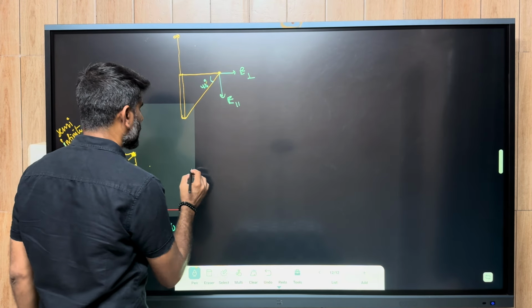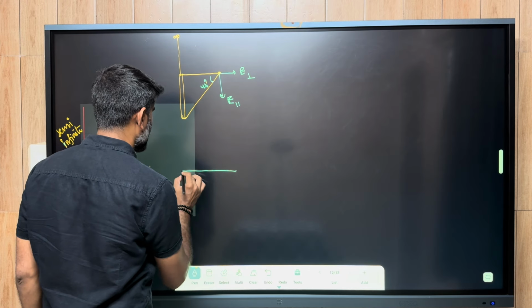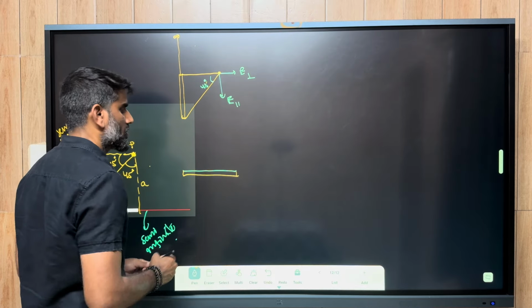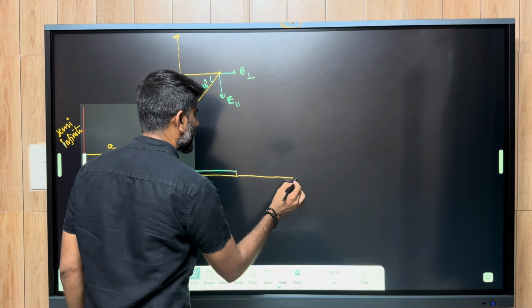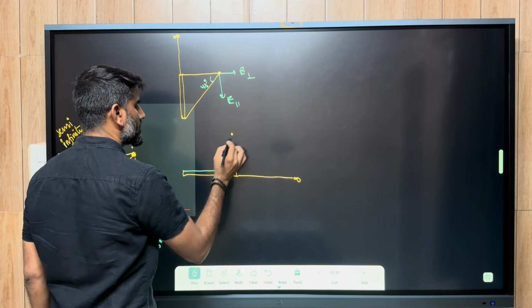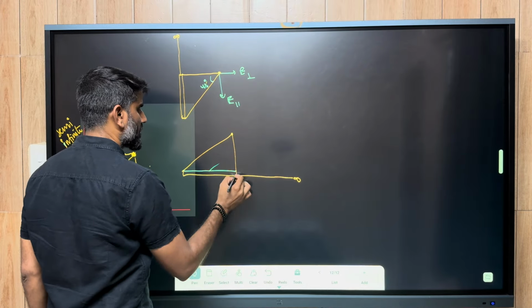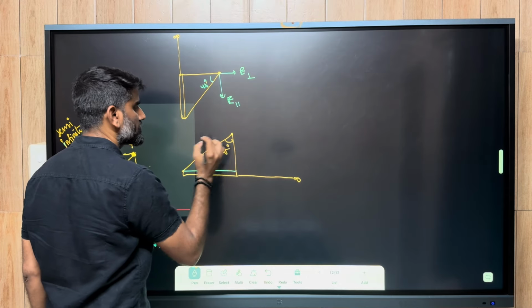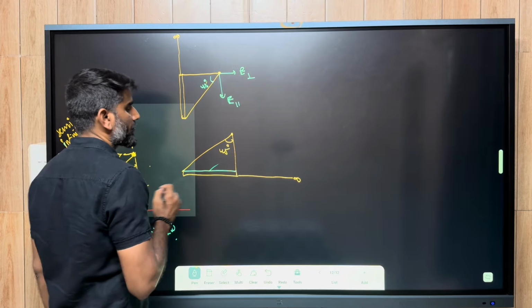Now I'm going to take the other wire, which is this one, and it is also extended till infinity. The point is considered somewhere here. It is making 45 degrees again, right?